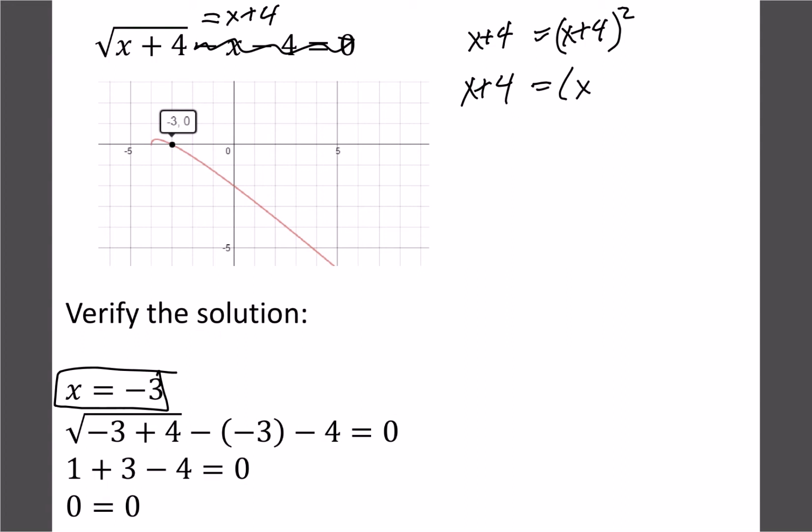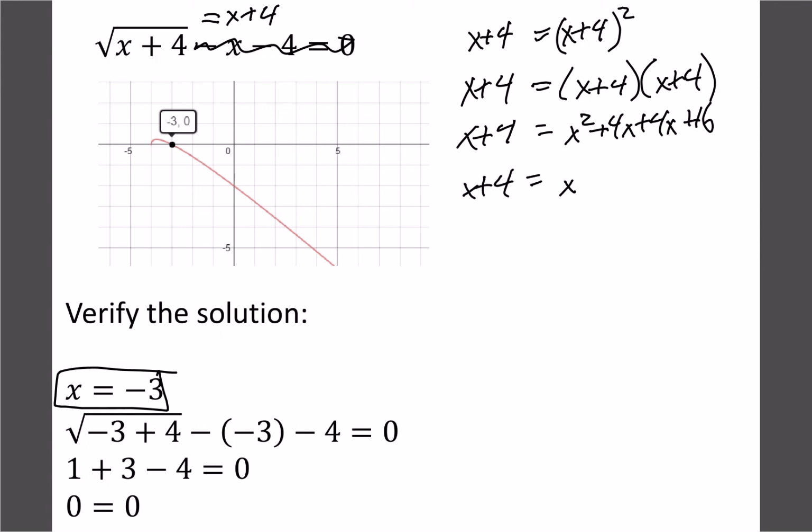That x plus 4 squared means x plus 4 times x plus 4. When you FOIL that out, you should get x squared plus 4x plus 4x plus 16. Simplify all that, and it gives you 8x plus 16. Then let's bring everything over: minus the x gives us 7x, minus the 4 gives us 12.